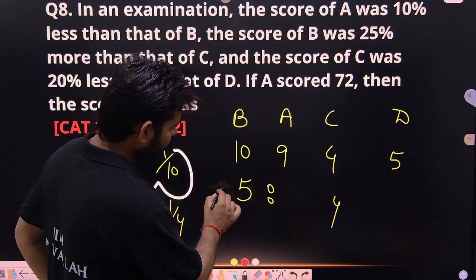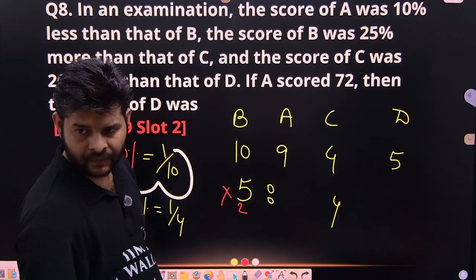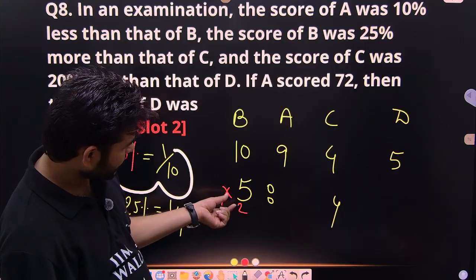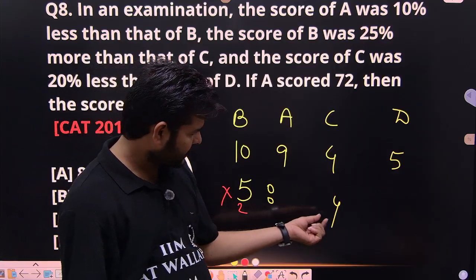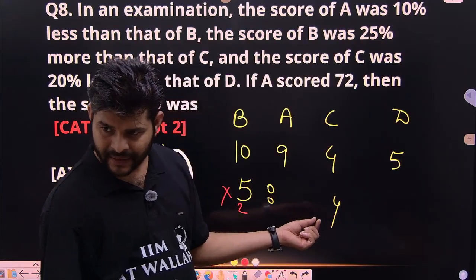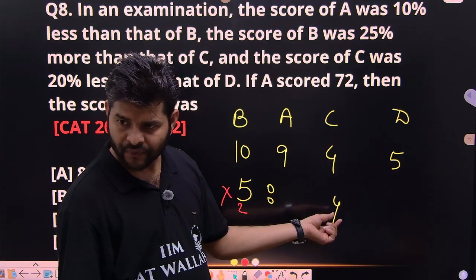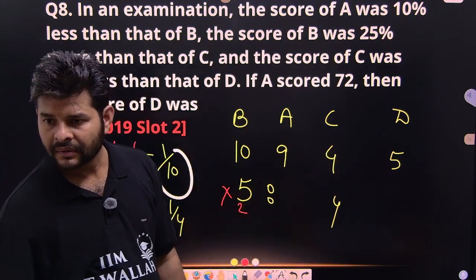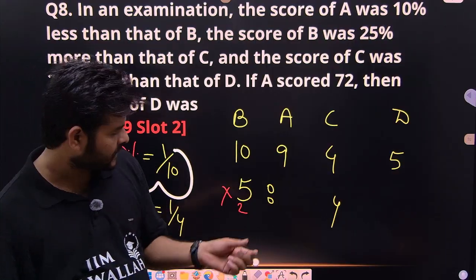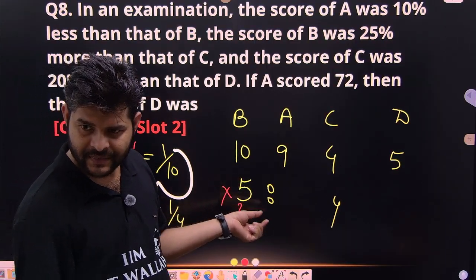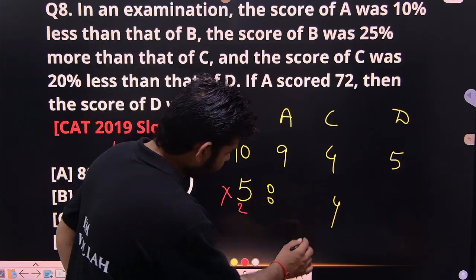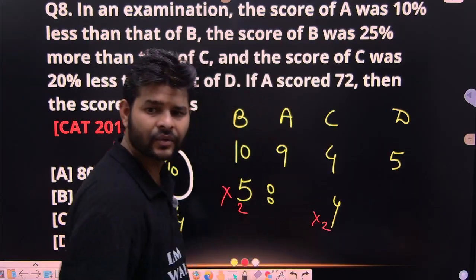Just multiply by 2. If you multiply by 2 over here, you need to multiply this one also. The reason behind it is that B is in ratio 4 with C. So whatever change we need to do over here, the same change you need to do over here. So again you need to multiply by 4. Is that okay?